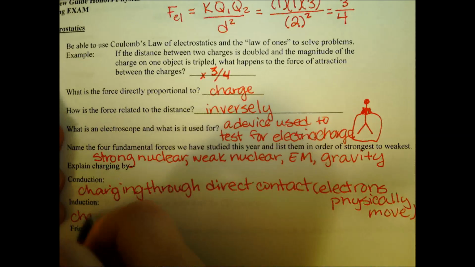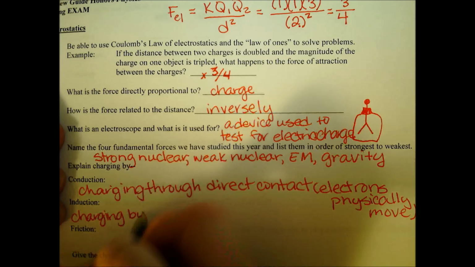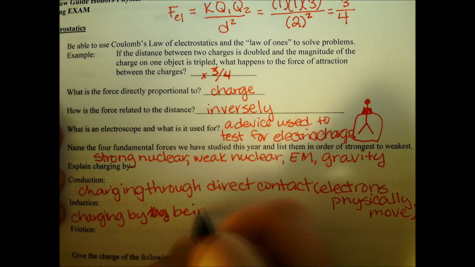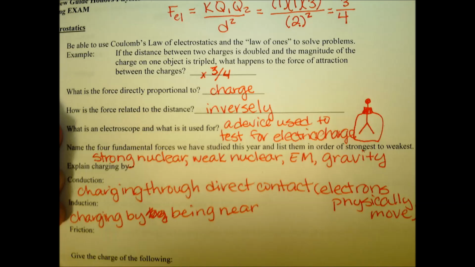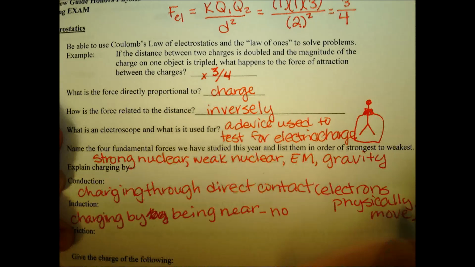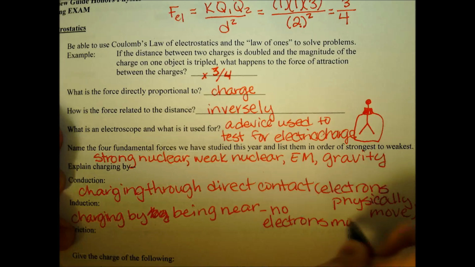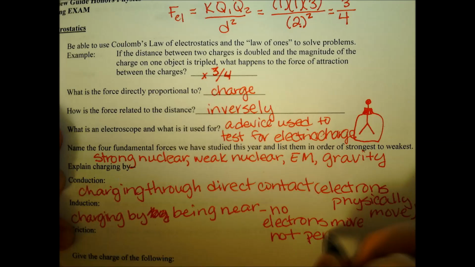Induction is charging by being near. So bringing a charged object near a neutral object, no electrons move. It's not permanent.